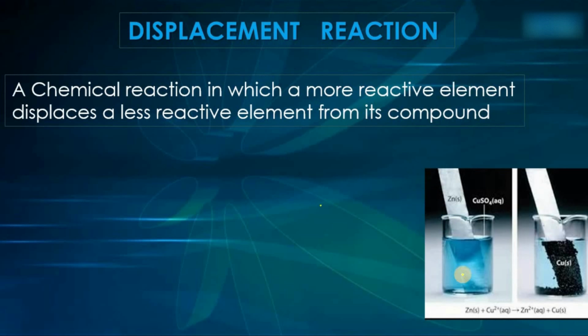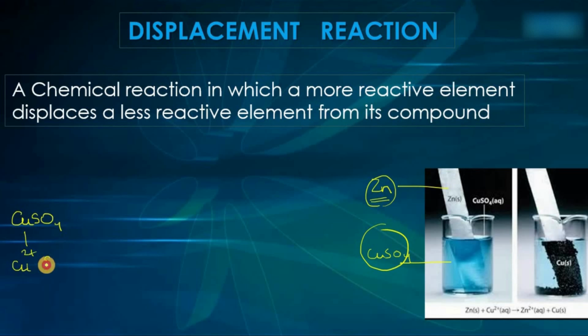Take this example for that matter. What is happening? Here in a flask, I took CuSO4 solution and I kept a zinc rod in it. Now what happens? There is a reaction between these two. I'll write the reaction here. CuSO4. It has copper ion and sulfate ion.